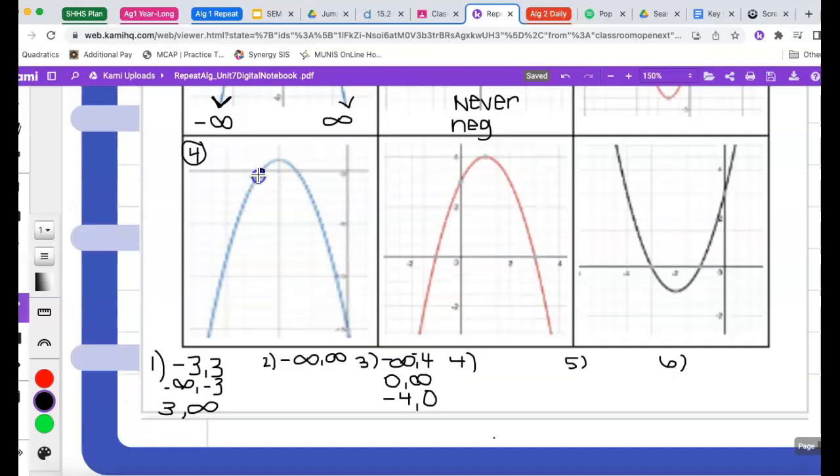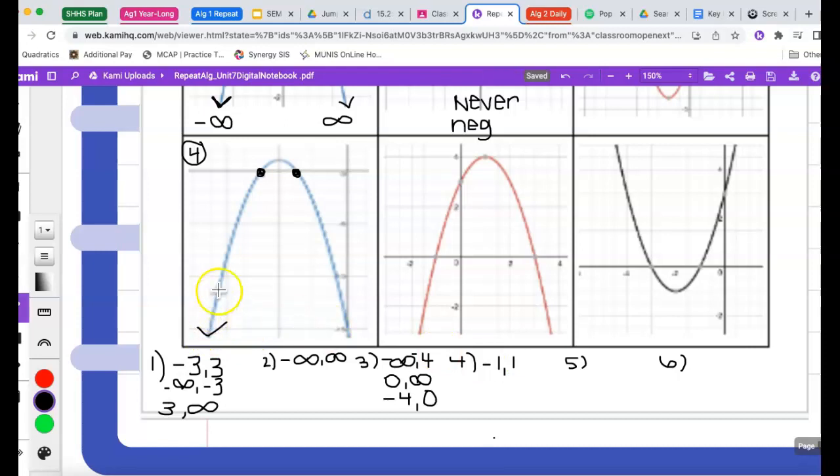Here's my first x-intercept, here's my second x-intercept. That's at -1 and +1. So I'm positive from -1 just over to +1. It's just this little portion up here that's positive, from -1 to +1. Then our negative portion, that's the majority of the graph.